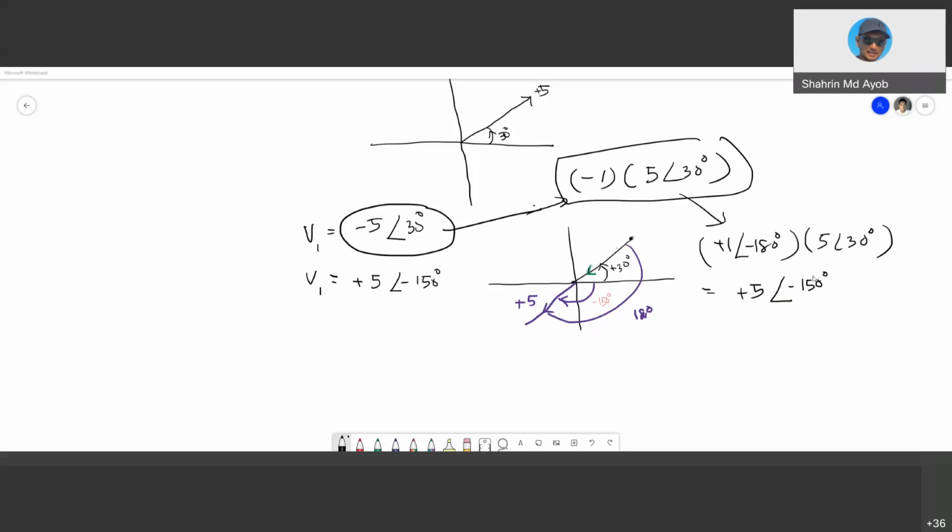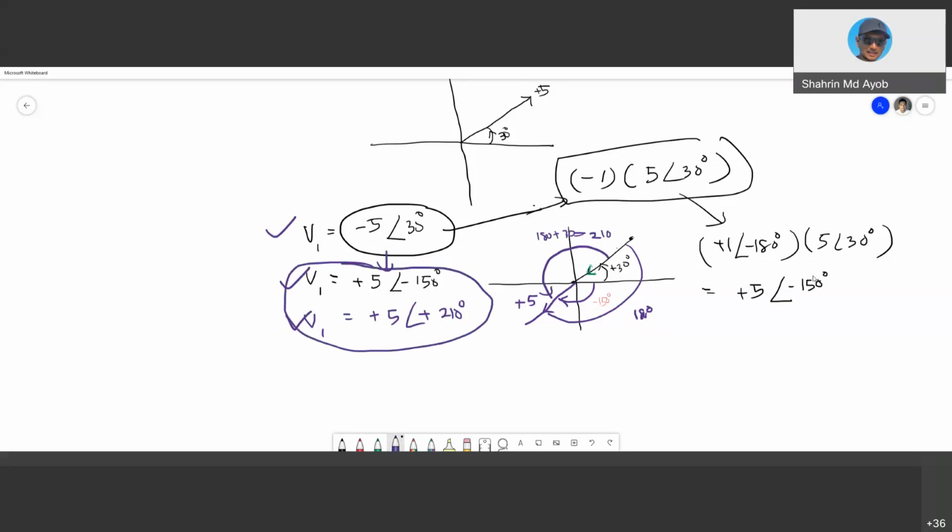Yes, correct. You can also go from here to here, so this one is 210, because 180 plus 30. You can also write positive 210. So this one okay, this one okay, this one okay. There are two ways, from the negative angle or the positive angle. Yes, both are accepted.